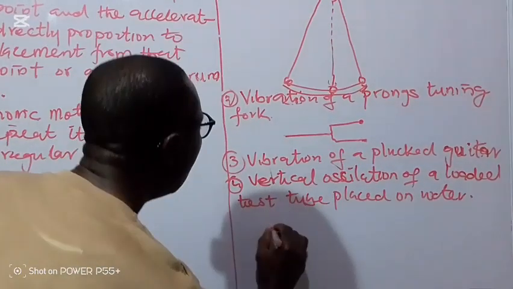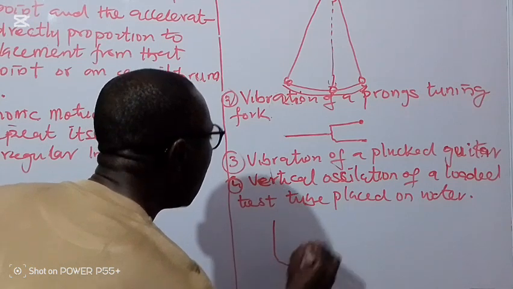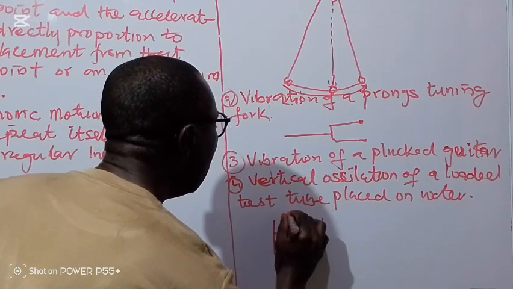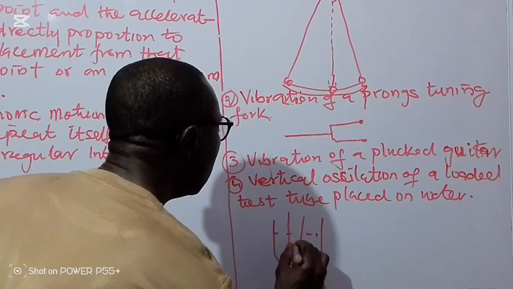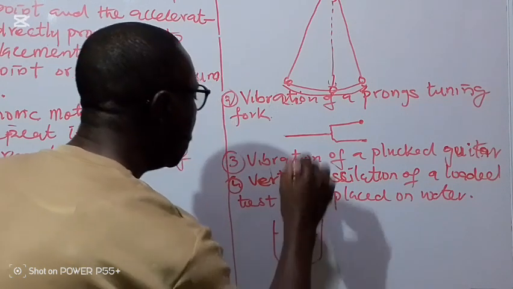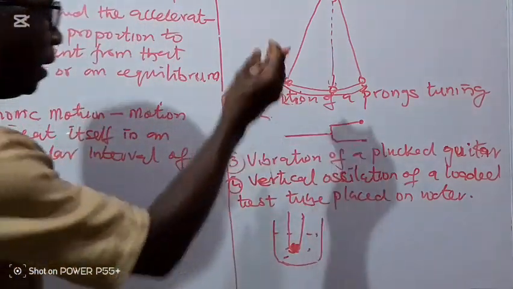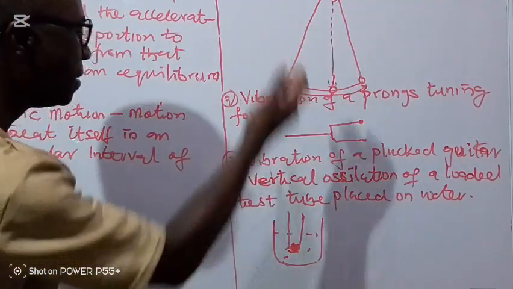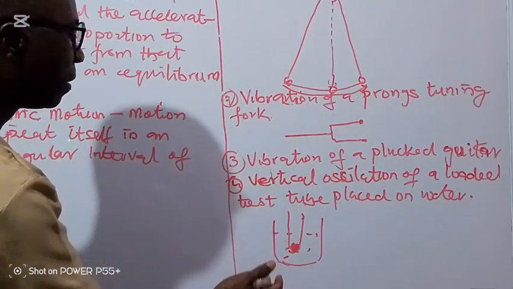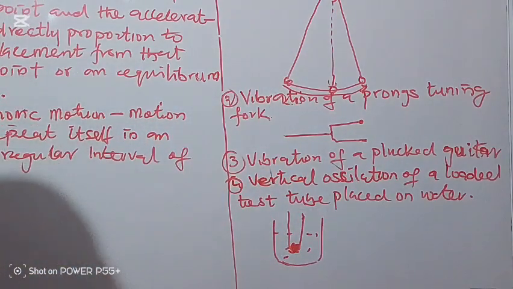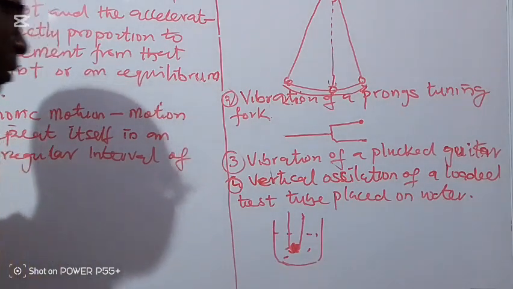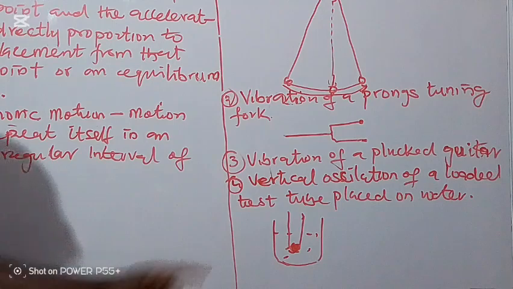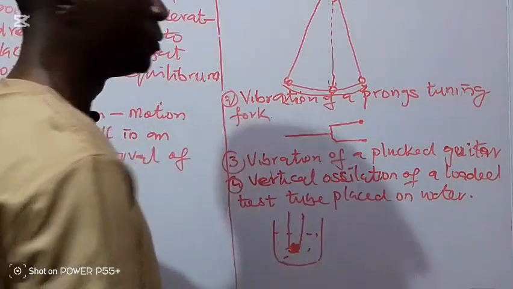That is, when you have a bowl of water like this, you load a test tube and you displace it. Definitely, the test tube will be oscillating up and down, up and down. That is a typical example of simple harmonic motion. The up and down oscillation of a loaded test tube placed on water is another example.